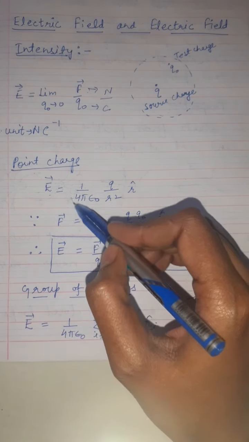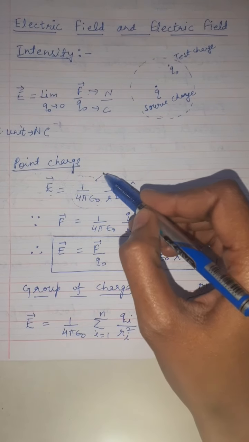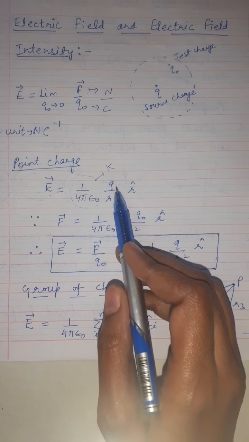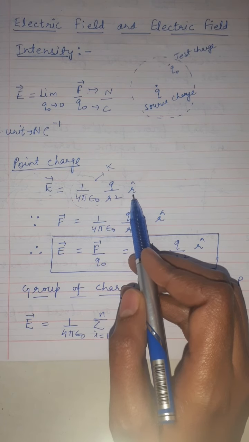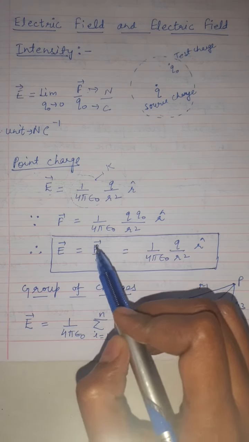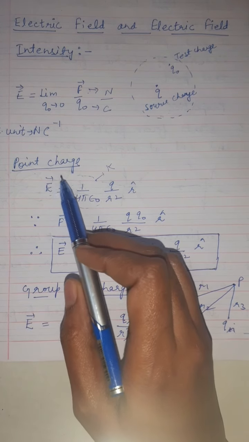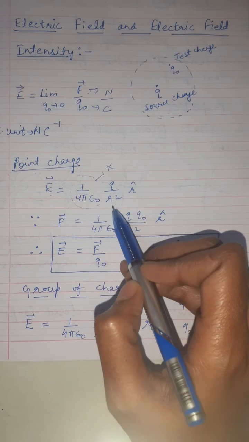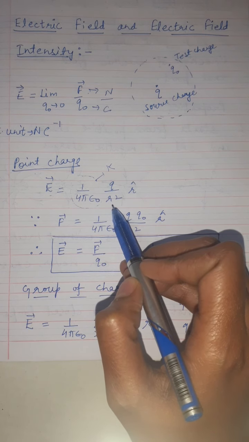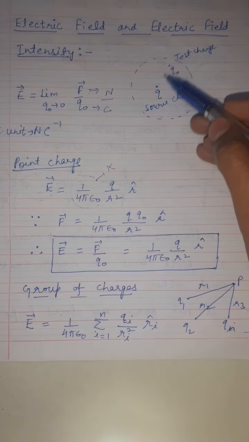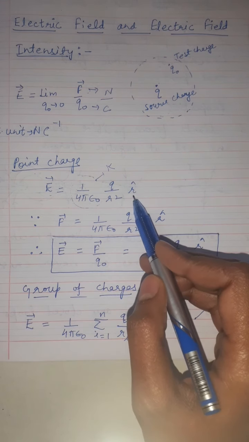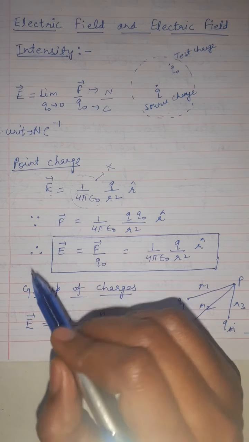K. This is similar to K. So 1 upon 4 pi epsilon naught Q upon r square and r unit vector. So this is the electric field intensity due to a point charge where Q is the source charge, that is a point charge, and r is the distance between the point charge and that point where we are calculating the electric field intensity, and r cap is the unit vector along the direction of electric field.